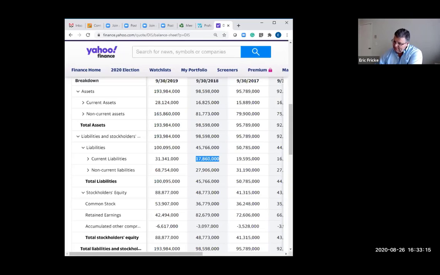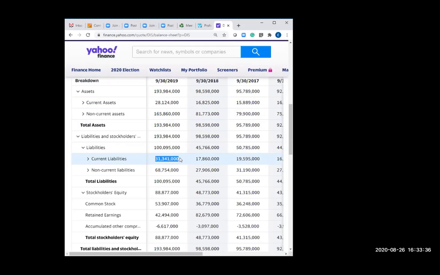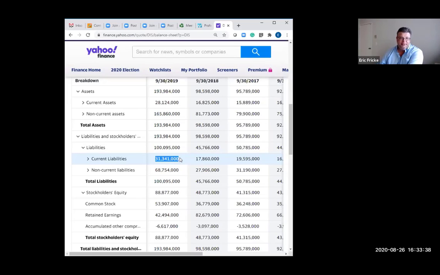Now I know it's in thousands. So for 2018, we have a working capital of negative $1 million. And for 2019, we had 28.1 minus 31.3, so that's about minus 3.2 million.